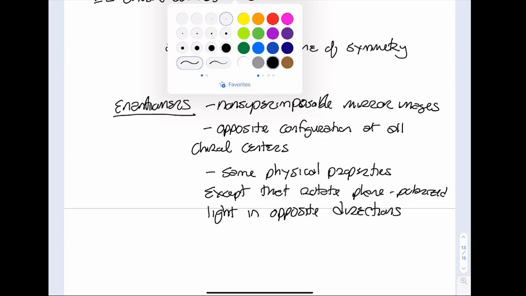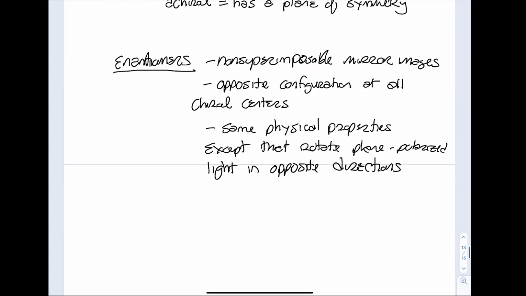I do have a new term here, and that's a racemic mixture. So if something is racemic or exists as a racemic mixture, you don't actually need the word mixture. What that is, it's a mixture that contains 50% of the D enantiomer, 50% of the L enantiomer. And overall, that mixture is not optically active because those 2 rotations cancel each other out.